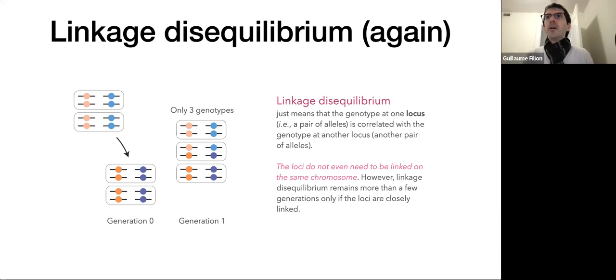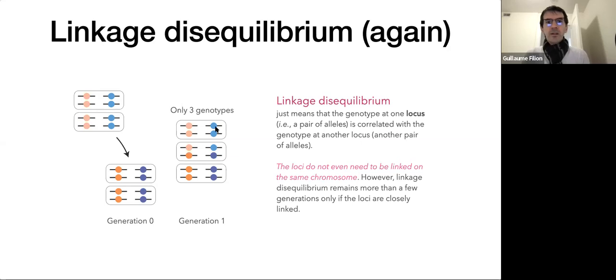Question from Andrew: how does the word disequilibrium have any meaning then? What is not equal, or what makes it in equilibrium? That's an excellent question, Andrew. The equilibrium is in terms of the frequency of the alleles. The pale orange allele has got frequency 1/2.